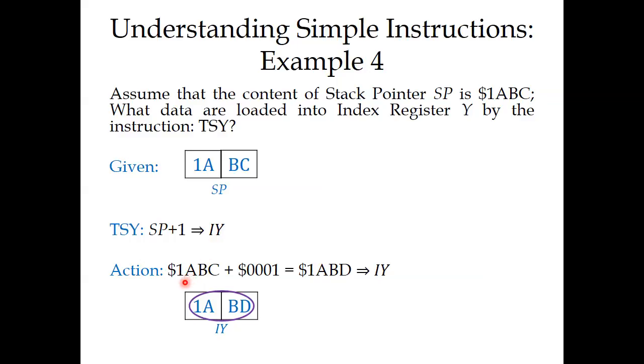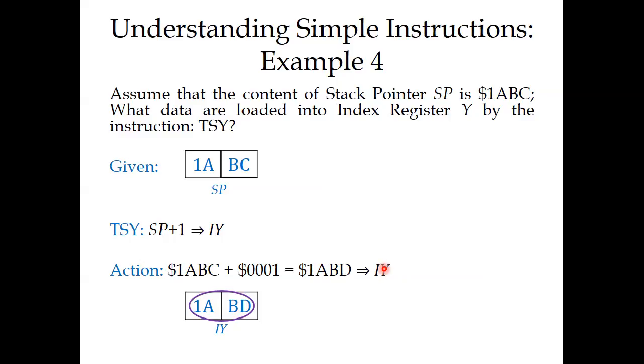So this is actually simple because you already know what you have in the stack pointer, that is given in the question. You have to add just 1. Once you add 1, you will get a new content, 1ABD, but this content will be copied to index register Y. And that's exactly how it was mentioned in the instruction, right?